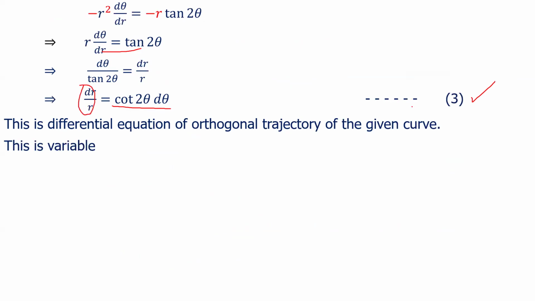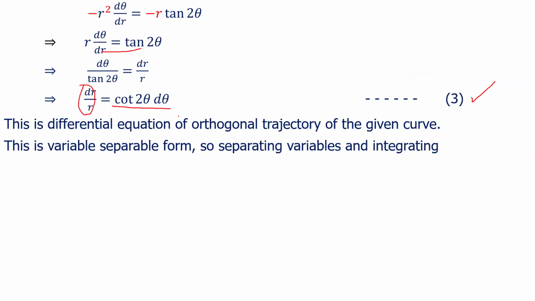Since equation number 3 is in variable separable form, separating variables and integrating, we have the integration of 1 upon x equal to log x. So the integration of 1 upon r with respect to r is log r. And the integration of cot 2 theta is log of sine 2 theta, divided by 2 since 2 theta is multiplied by 2, plus the integrating constant c.